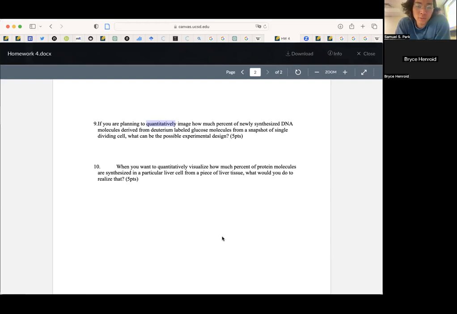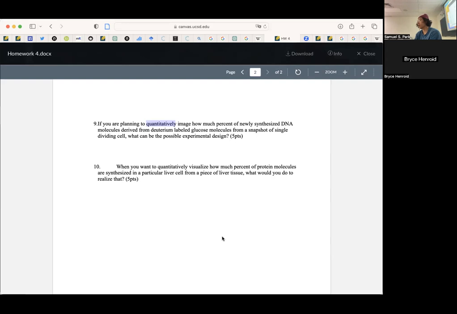Maybe she does go over something in the slides, maybe there's a specific strategy for doing this. And if there is, then just disregard what I am about to say. But if we know the concentration of the deuterium labeled glucose that we're adding to our sample, which has our cells, then we can simply create some kind of serial dilution.